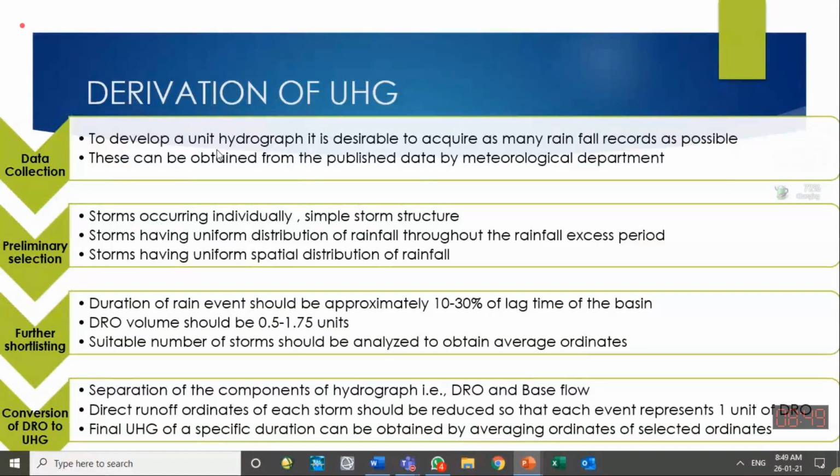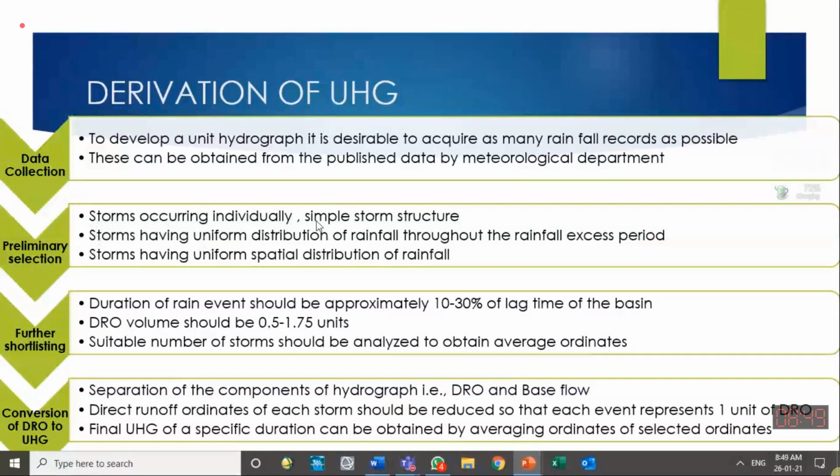So get as many hydrographs as possible. When we say to develop a unit hydrograph, acquire as many rainfall records as possible of the same storm duration. This can be obtained from published data. The Meteorological Department, Pakistan Met Department, and on an international scale the WMO, World Meteorological Organization, have made a database of meteorological readings.